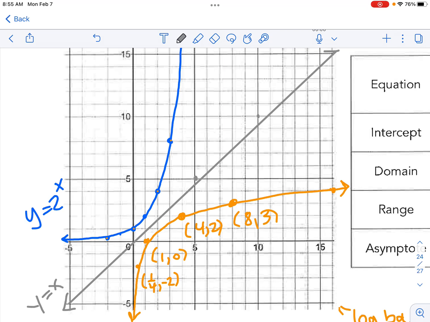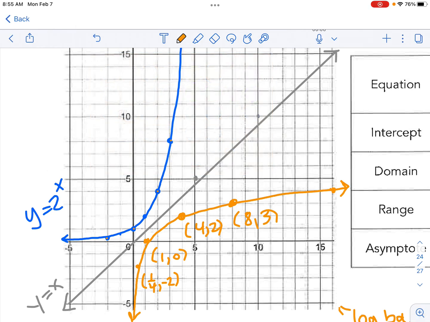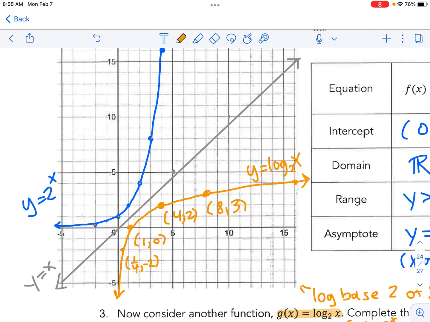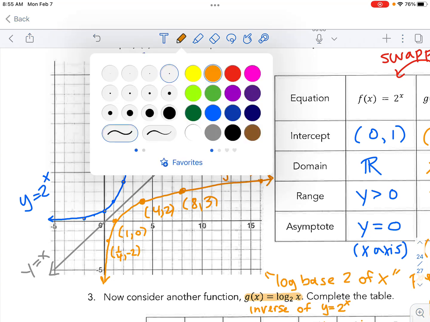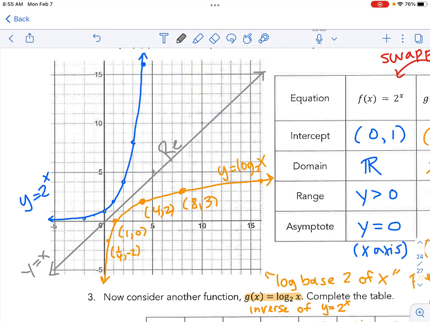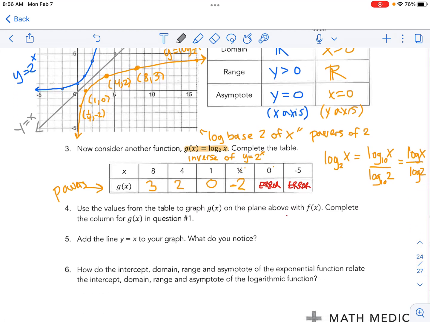If we add that line y equals x, then we can notice that our exponential and our log of the same base are inverses of one another. They're reflections. So this is our reflection line, as we've seen several times when we talked about inverses, that reflection property. So they are inverses.